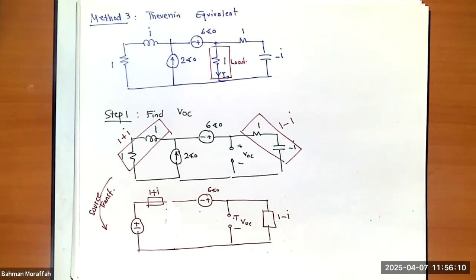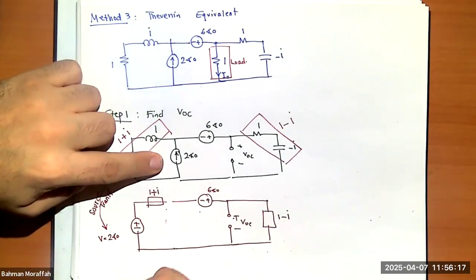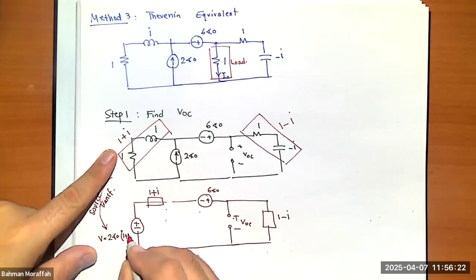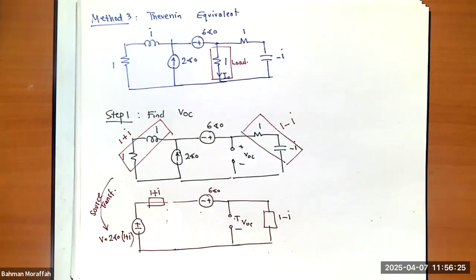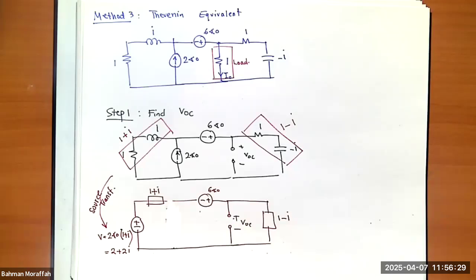V equals Ri, right? So I have V, which is I times I, times this R here, 1 plus I, which is 2 plus 2I, right? You with me so far? Is that clear how I got this number and this number? Everybody with me? Yes?